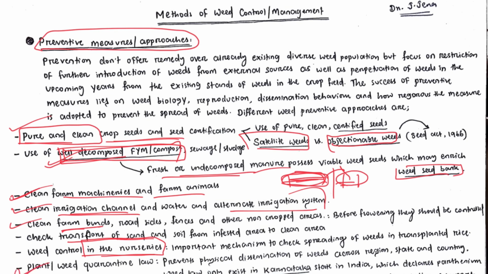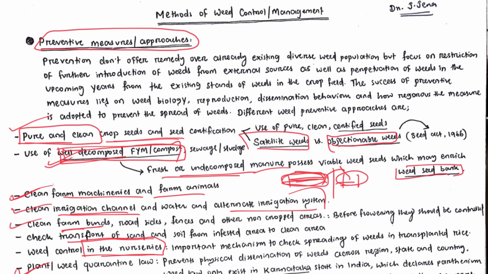Next point is at the policy level. Countries like India, and some states like Karnataka, have imposed weed or seed quarantine laws. So in quarantine, what happens? There are some officials, some personnel, who screen the seeds being imported from other countries, or, where there is a state quarantine law, which is imposed only by one state, Karnataka, they screen any seeds imported from other states at the border.